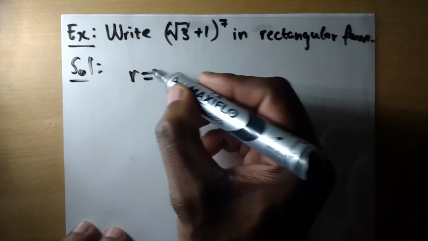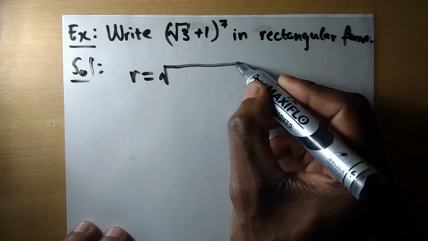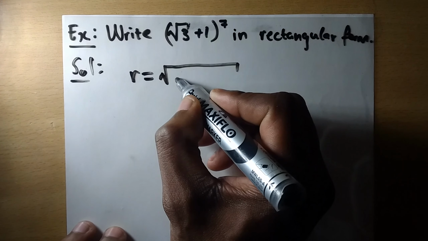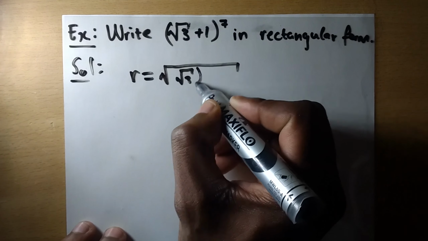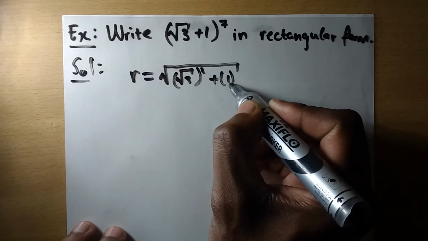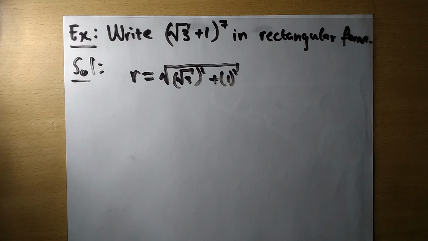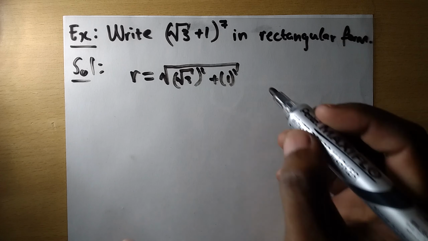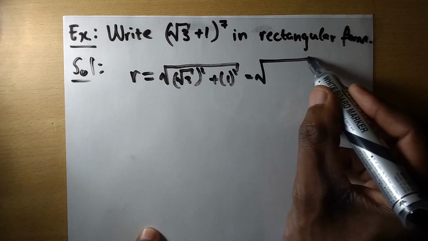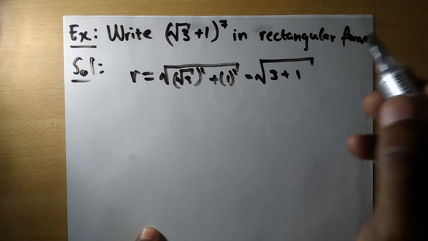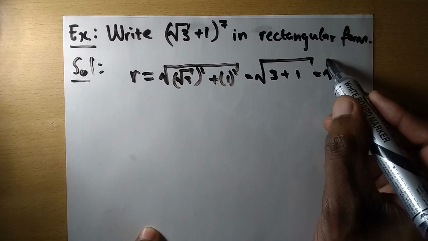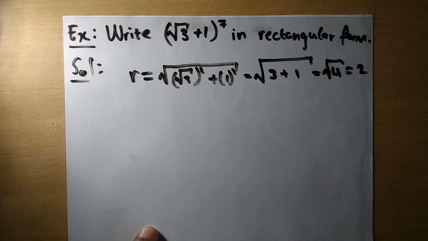We know that our r is given by the square root of 3 squared plus 1 squared. The square root of 3 squared is just 3, 1 squared is just 1, so it becomes the square root of 4, which is equal to 2. So we found our modulus.